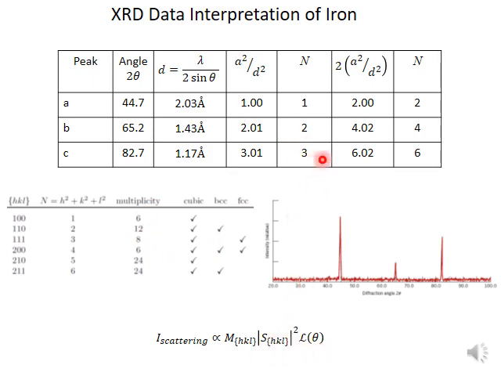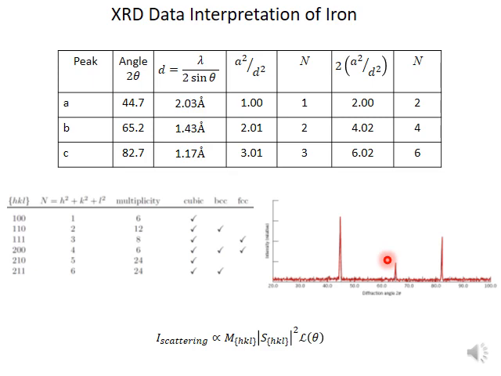So let's take it as a simple cubic system, which corresponds to n equals 1, 2, 3, because in a simple cubic system these 1, 2, 3 peaks are present for n values. So if I take this as a simple cubic system, this central peak, which is the second peak, should have a multiplicity of 12. This one has a multiplicity of 8, which means that this should be stronger in intensity than this one, because this one has a higher multiplicity.